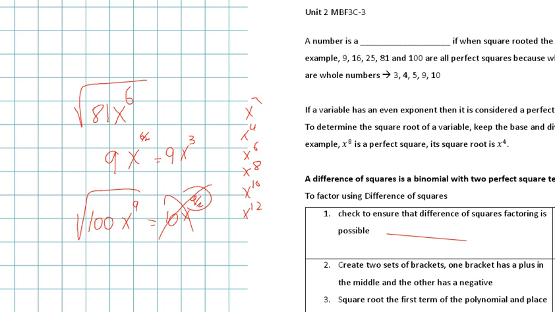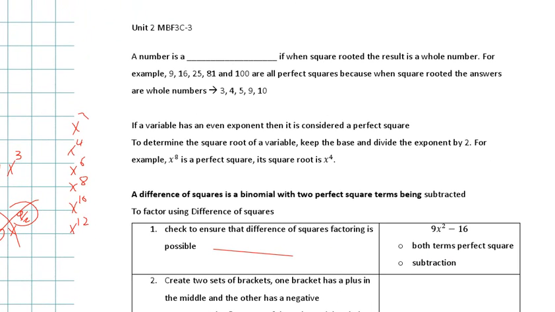So, why is that? Another term is a squared number. A number is a squared number if, when you square root it, it gives you a whole number.